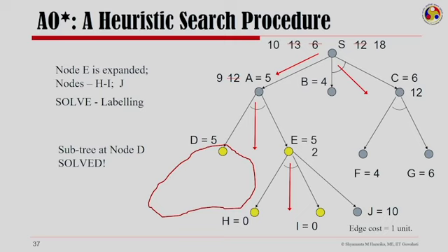Once I have marked D as solved, I can now mark A as solved, and once A is solved, because from S I have a 1-connector coming to A, I could mark S as solved. This is when I have the solution for the AND-OR graph that I started with.